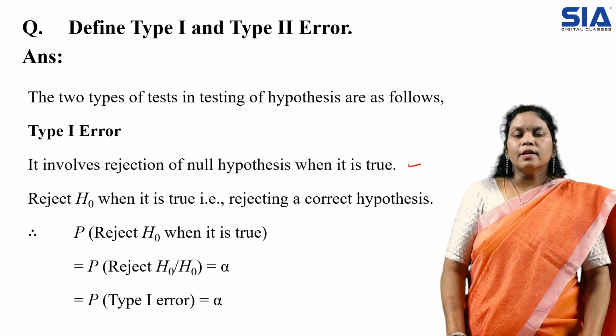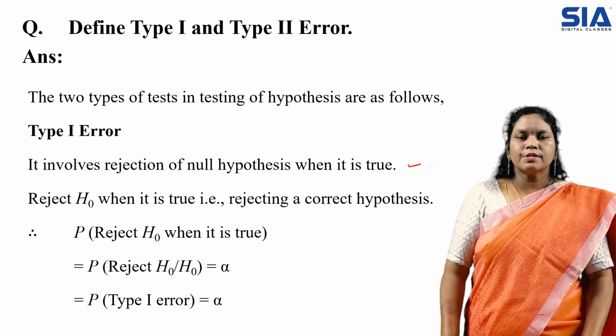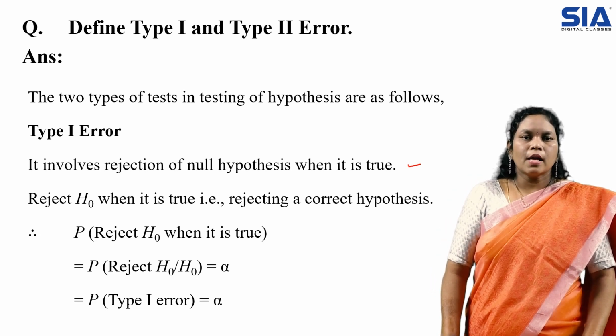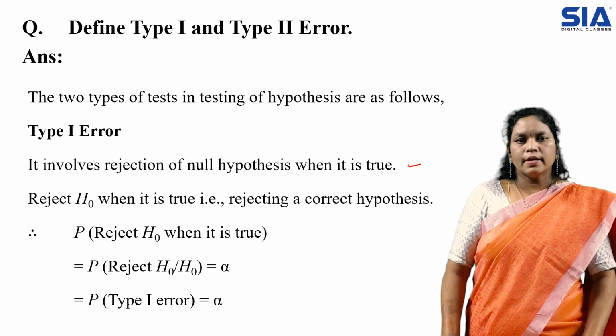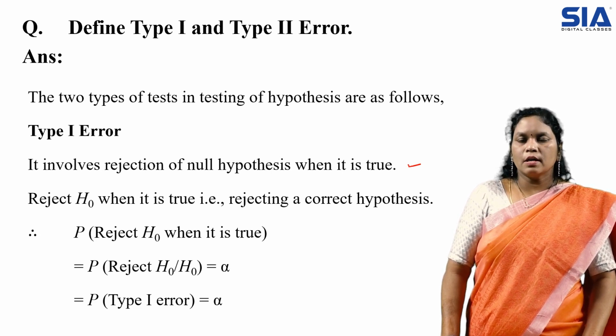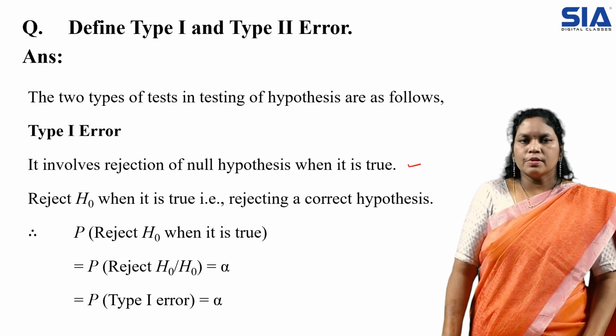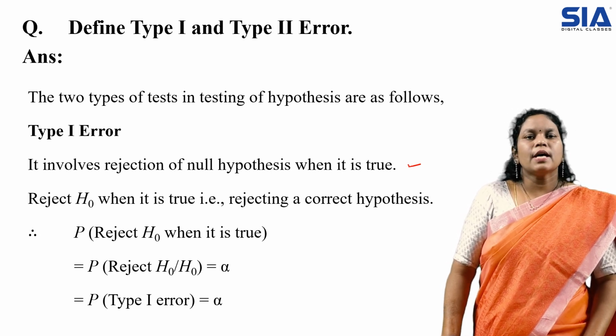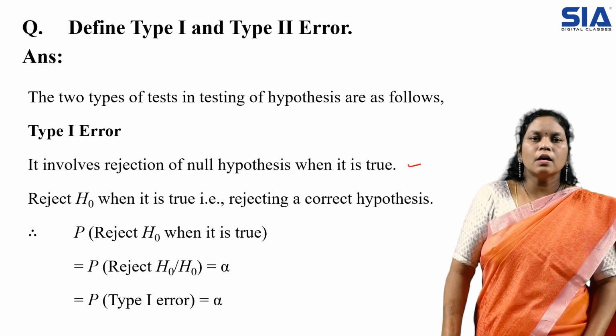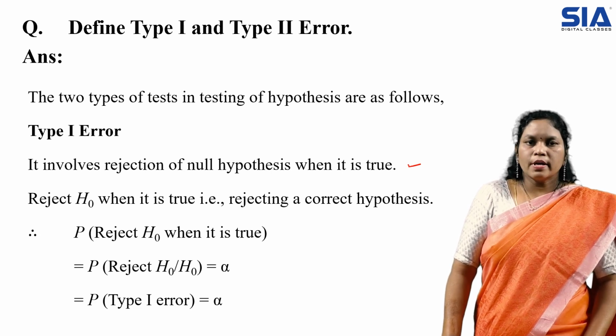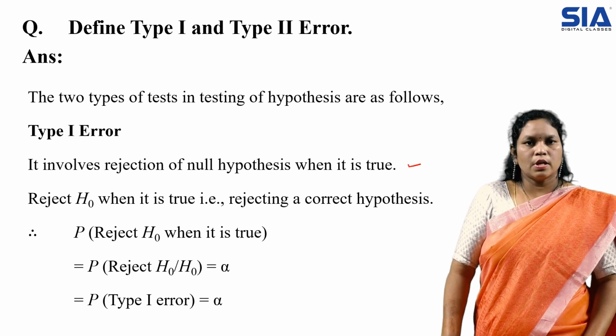In this unit we'll always try to learn how the null and alternate hypotheses work, and after taking the data and obtaining its values, we'll try to accept or reject the null hypothesis, right? So types of errors arise when we wrongly handle the data or project wrong answers. So there are two types of errors.